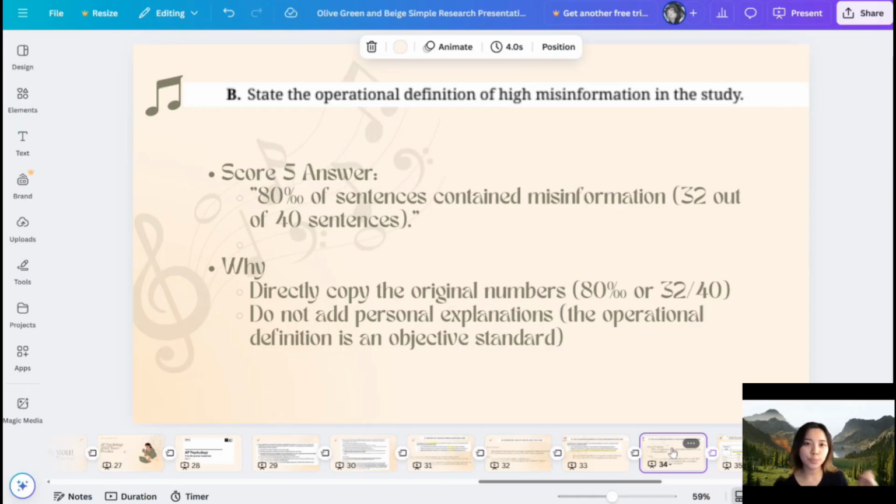The College Board has claimed before that they don't need you to write as long as possible. They just need 1 to 2 sentences that state the information they want, and that's all.